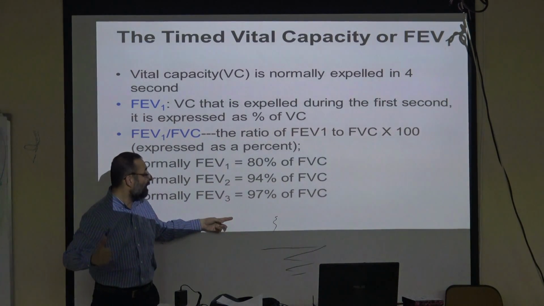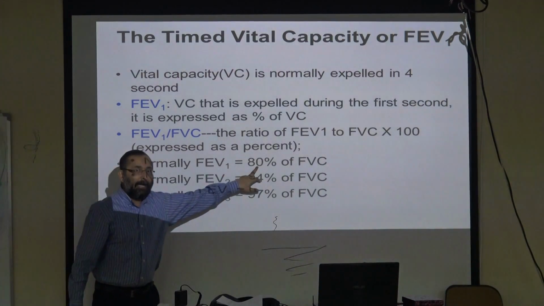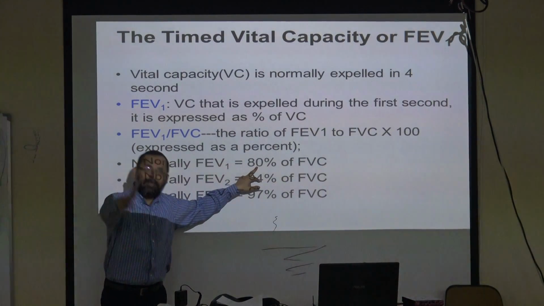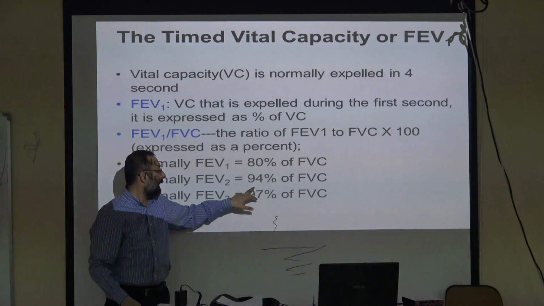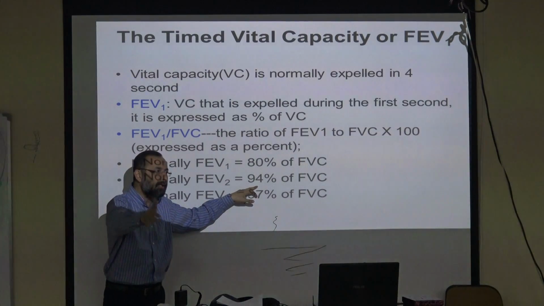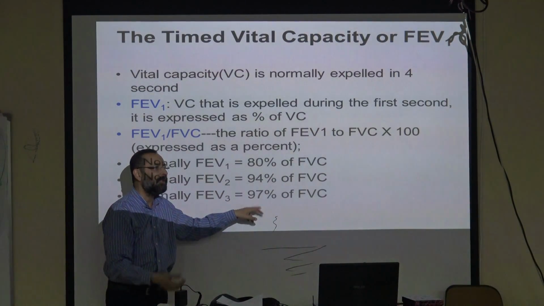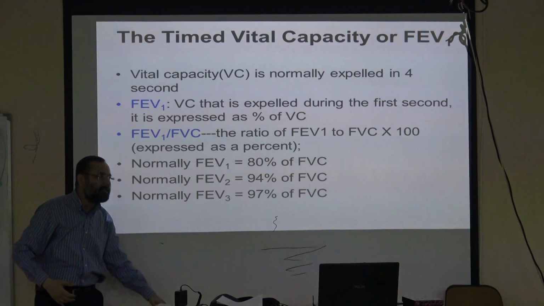FEV3 means the third second. FEV4 means the fourth second. In FEV1, how much volume has already gone out? 80%. In FEV2, now if I take 2 seconds, how much volume is gone? 94. How much left? 6% only. So 6% will be in my remaining time.